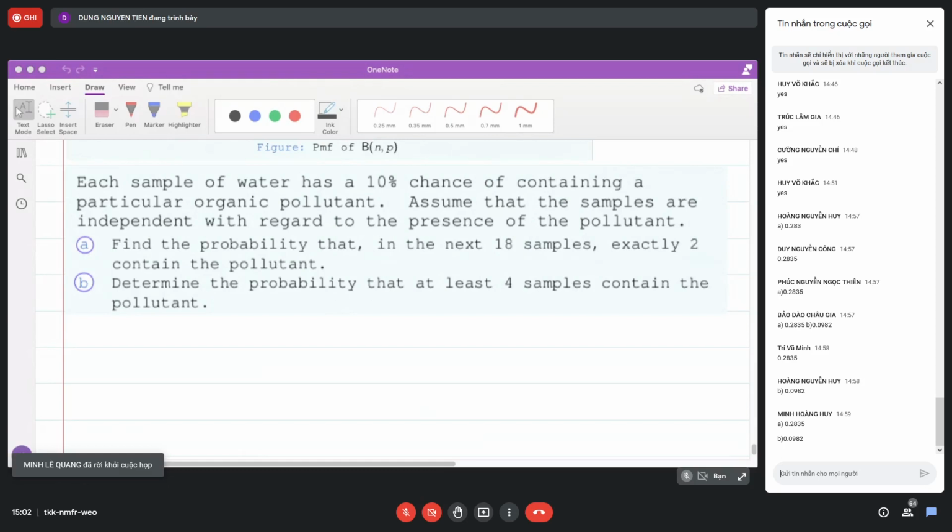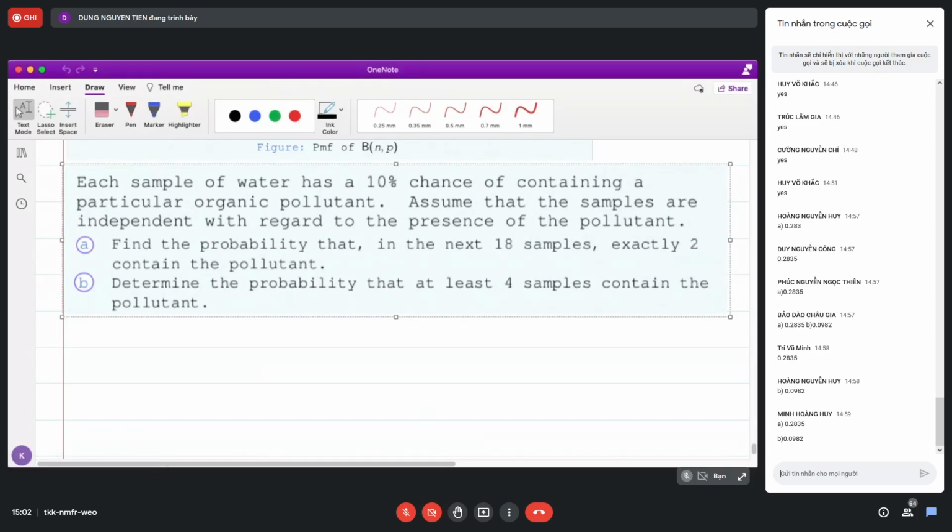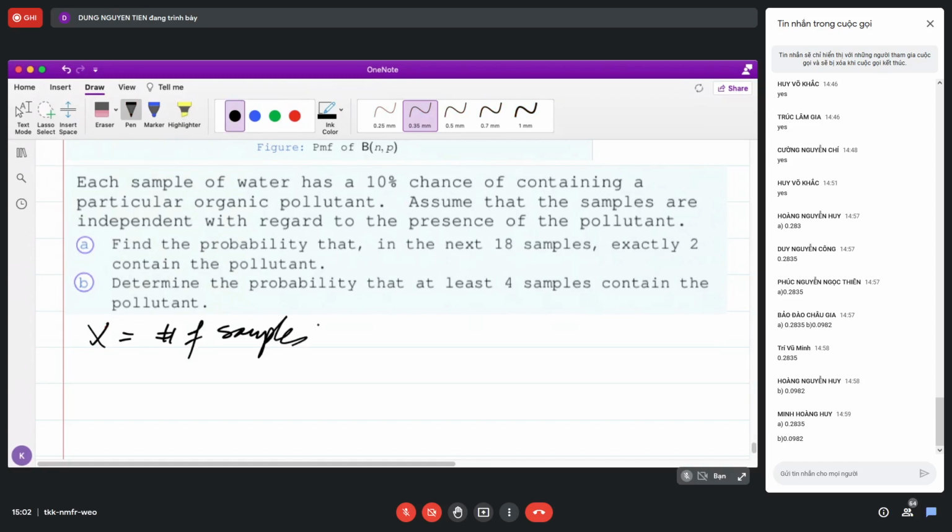Okay. Let's give it a try. I suppose that X is the number of samples that contain a pollutant.